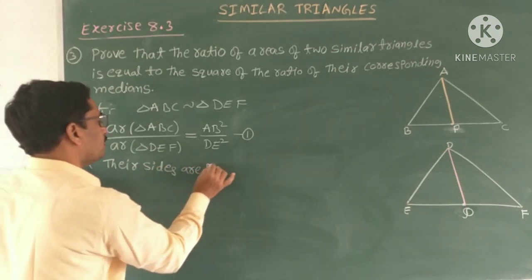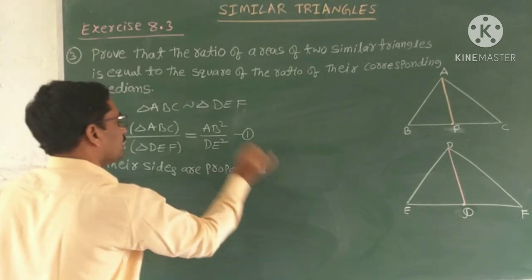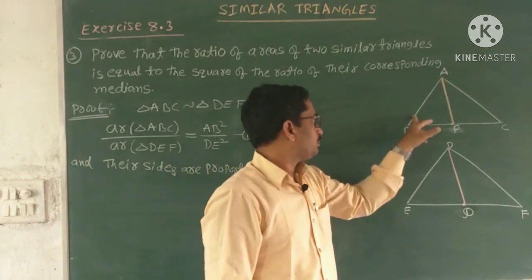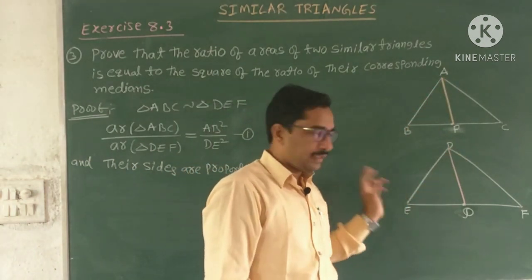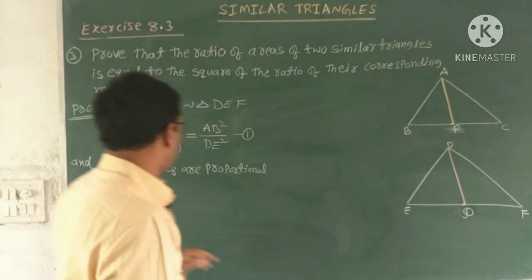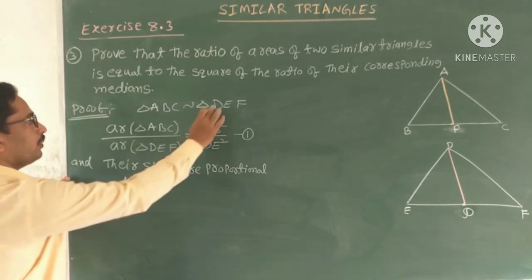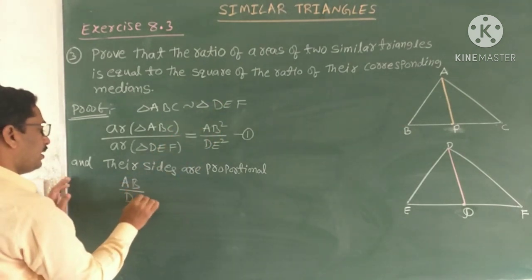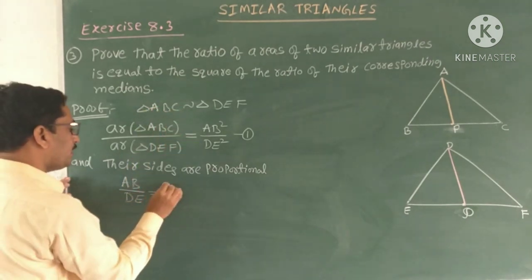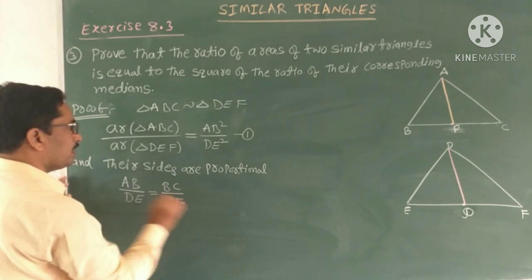Three sides are proportional, but I am taking only two sides: AB, its corresponding side DE; next BC, its corresponding side EF. So, following the order, AB by DE equal to BC by EF.